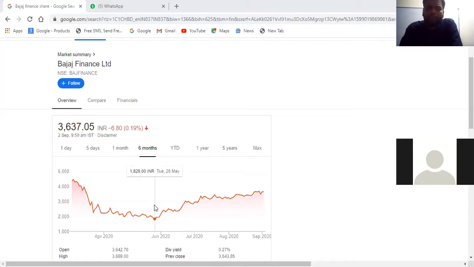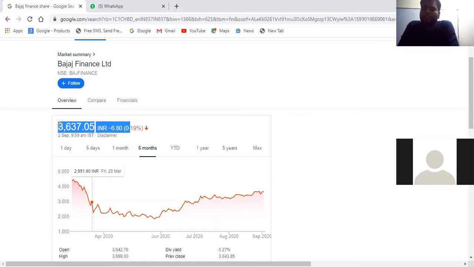Everyone got the logic. There was a 2 rupees increase. If the sellers become active, then what happens? The share value will decrease. Correct?